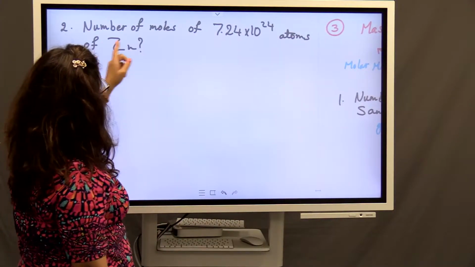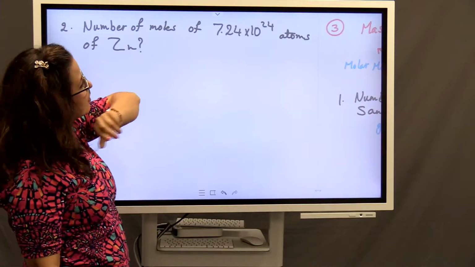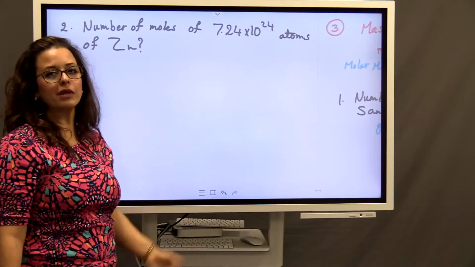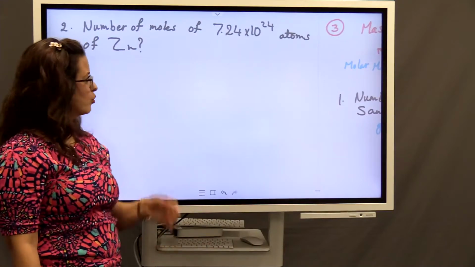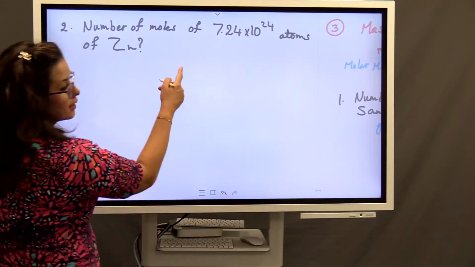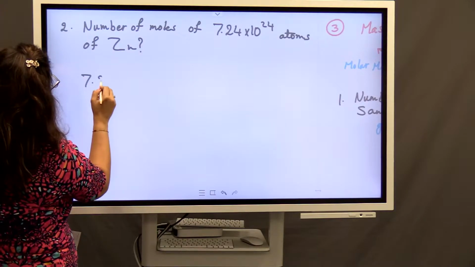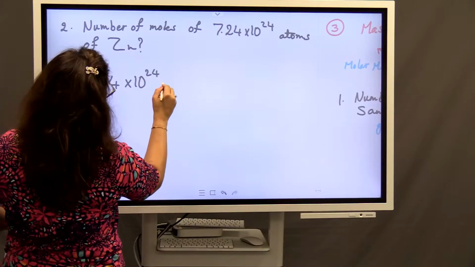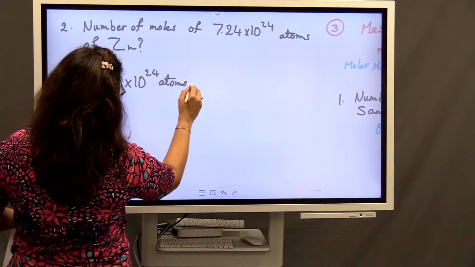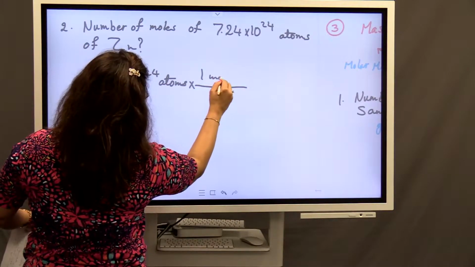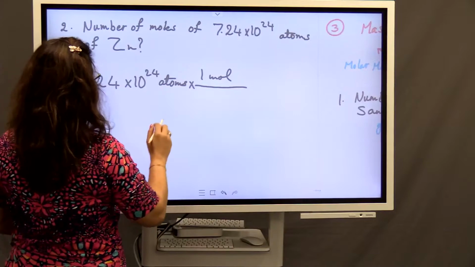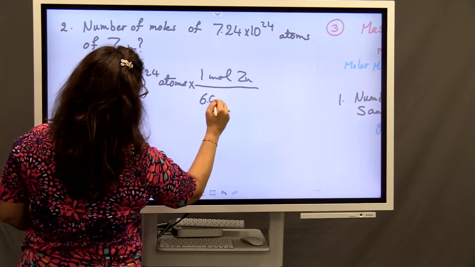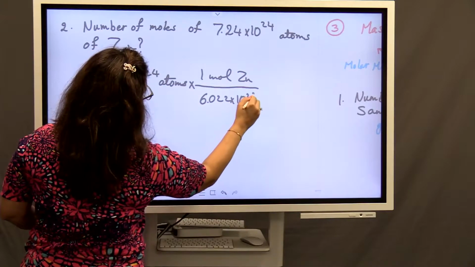Let's find the number of moles of 7.24 times 10 to 24 atoms of zinc. This time I gave you atoms. Doesn't matter, atom or molecule, you know how to deal with each of them. So, again, start with the given value, 7.24 times 10 to 24 atoms. And you know that in 1 mole, because you're solving for mole, of each substance you have, which is zinc here, 6.022 times 10 to 23.